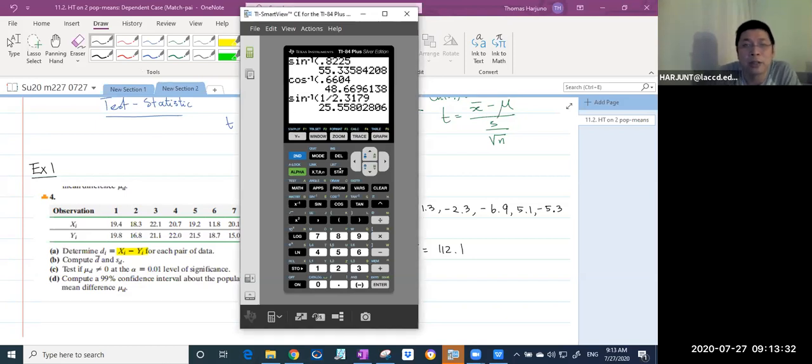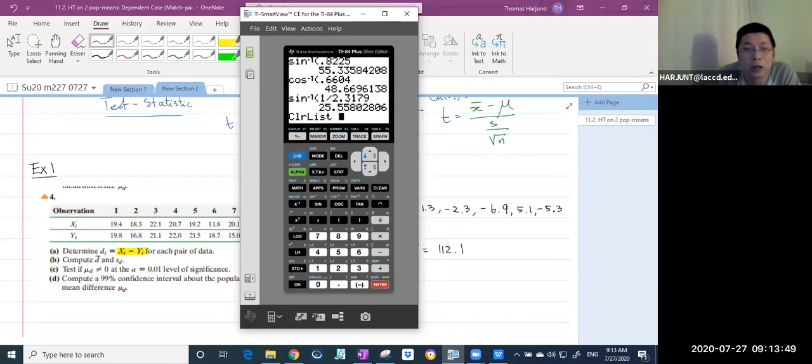Let's use calculator instead. Let's see what's my list here. I have 1, 2, 3. Okay, let me clear them first. Let me clear the stats. Clear list.